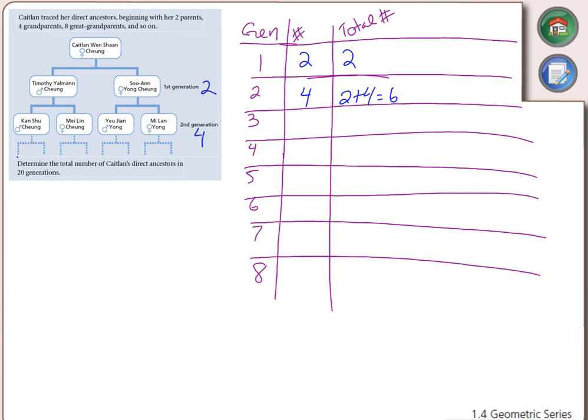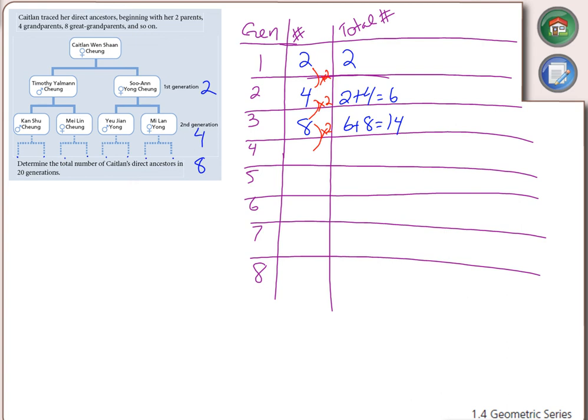In generation number 3, there'd be 1, 2, 3, 4, 5, 6, 7, 8, which would be 6 plus the 8, which gives us the 14. Hey, look at that, there's a pattern going there. We're multiplying each one going up by 2. Let's just follow that pattern along.